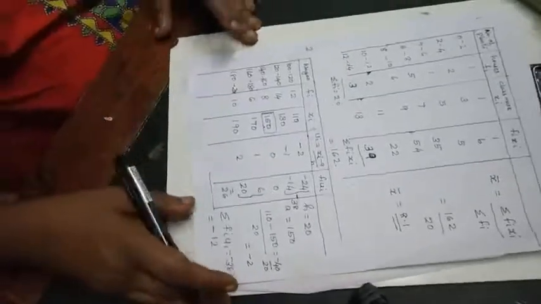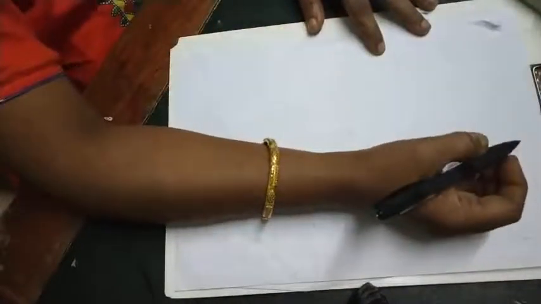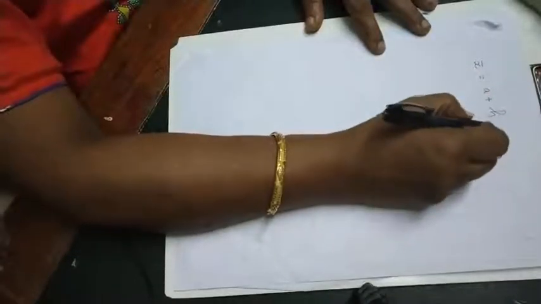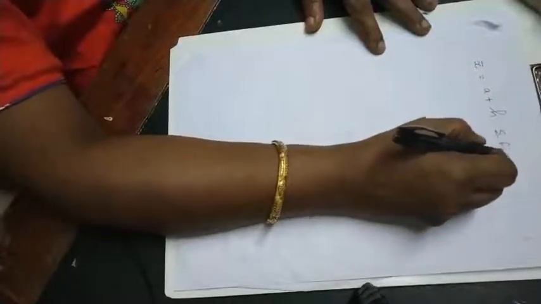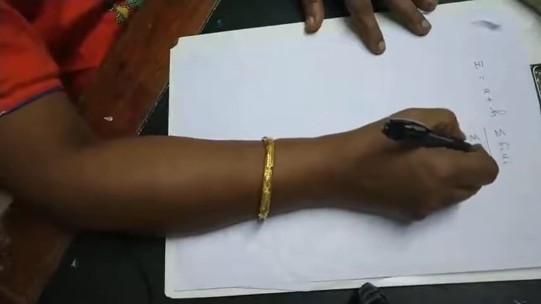Now put it in the equation, which is our equation: x bar is equal to A plus H into sigma Fi Ui by sigma Fi. Okay, you have to learn this one.